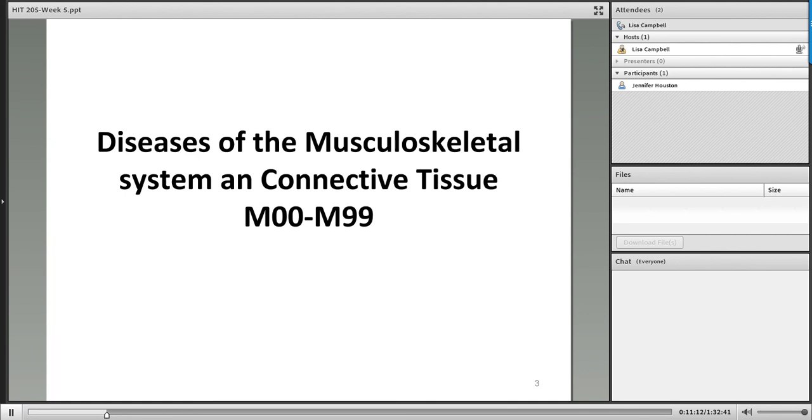Whereas in our chapter for the week, musculoskeletal, those codes are for conditions that are related to a previous injury, or recurrent conditions, or conditions that are related to a disease process, such as patients that have osteoporosis will often have weakened bones as a result of that condition. So I want you to remember that. I'm going to remind you later when we get to the round table, and you'll see why.